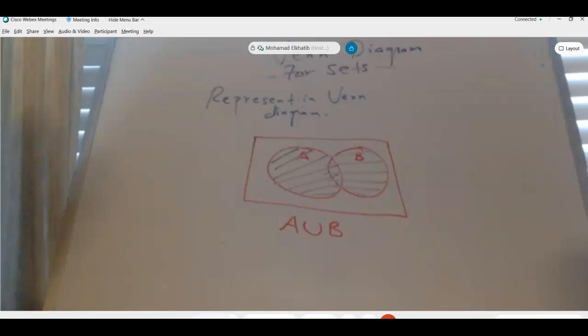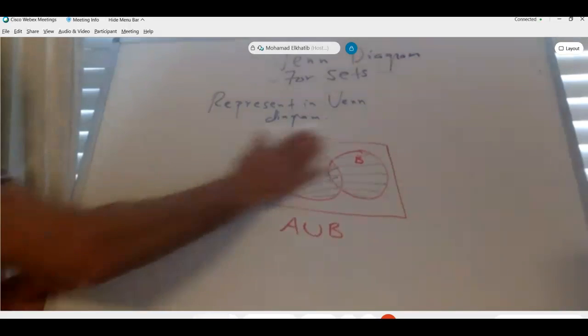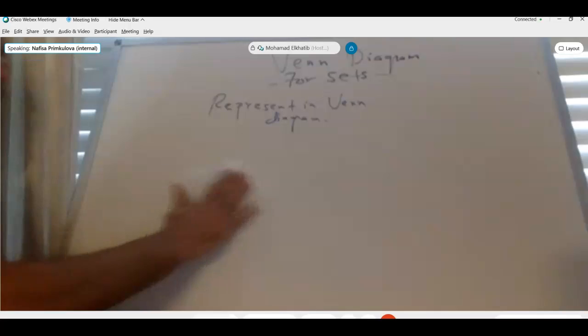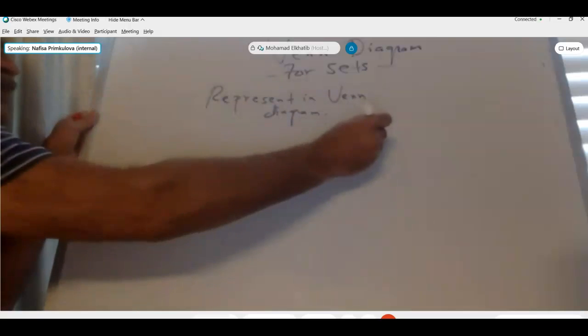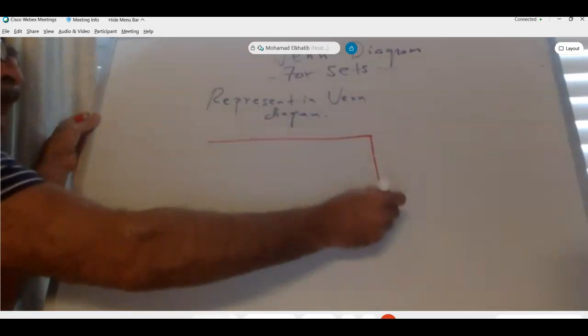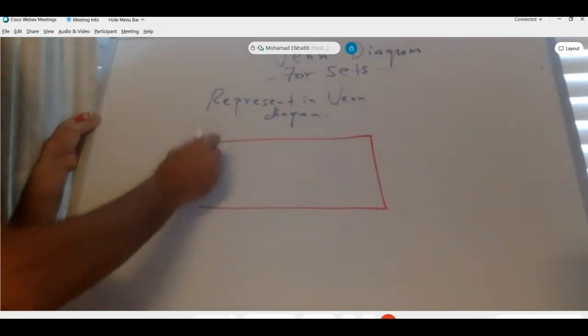Yes. The first diagram you drew was only the union, that's correct. I'm going to show you all the parts before I start explaining the hard questions, okay?